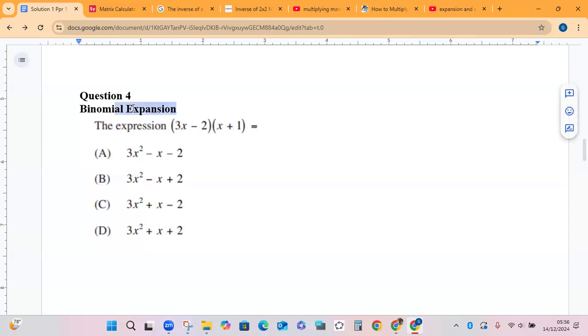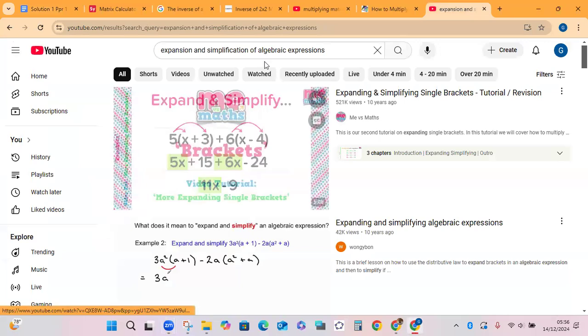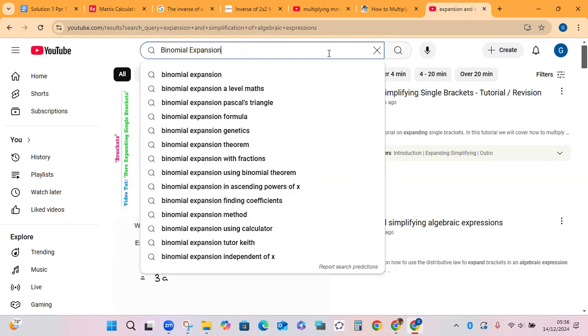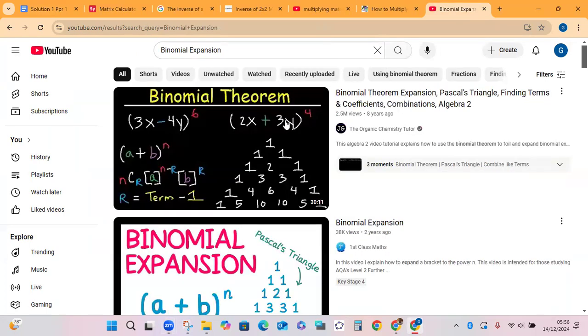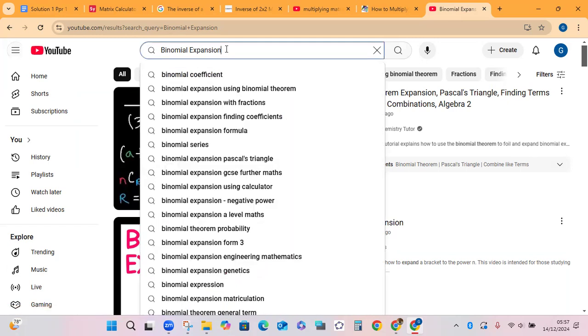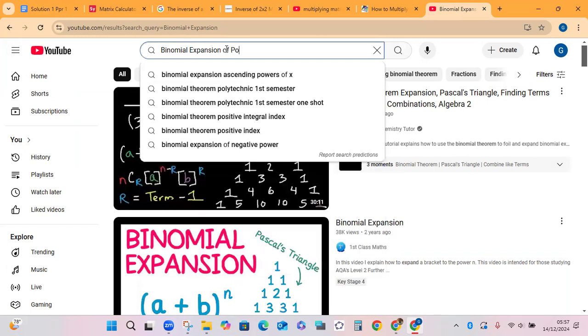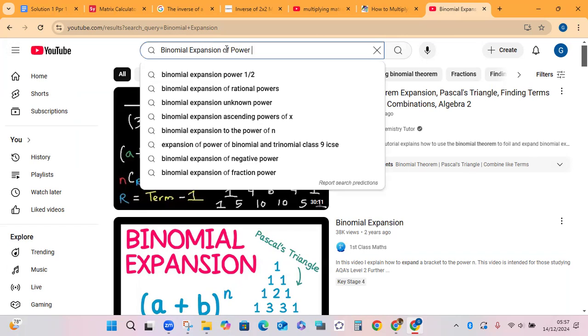So you can copy this, paste this in YouTube, binomial expansion. Binomial expansion has up to the power of 2. Let's specify binomial expansion of power 2.